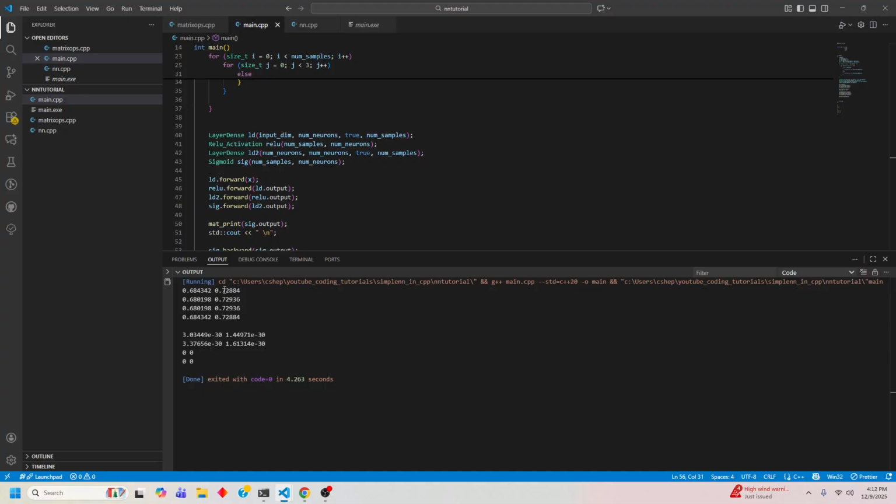So these are the outputs from the sigmoid function. Basically all the same right now.